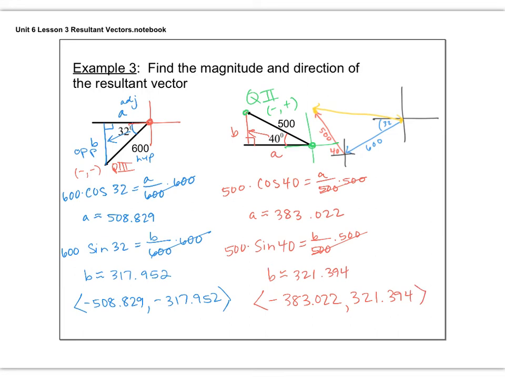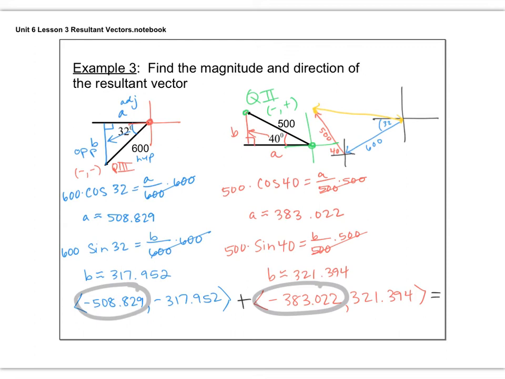We have their components. So now we want to add those together so we get our resultant vector. To add them, I'm just going to use them right here, and I'm going to add my x values, or my horizontal components.